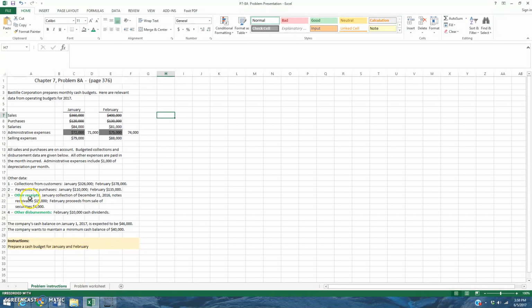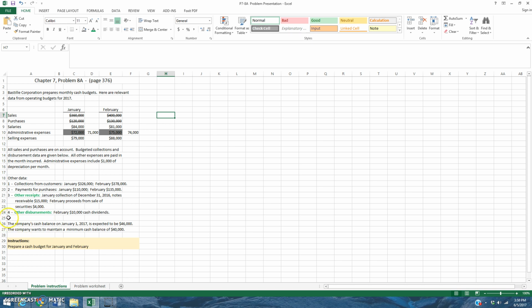It's going to tell us it's part of the cash receipts, just like collections from customers is part of cash receipts. So these will increase our cash, because in January we have a notes receivable of $15,000, and in February we collected $4,000 from proceeds of a sale of securities. So other receipts is our keywords.